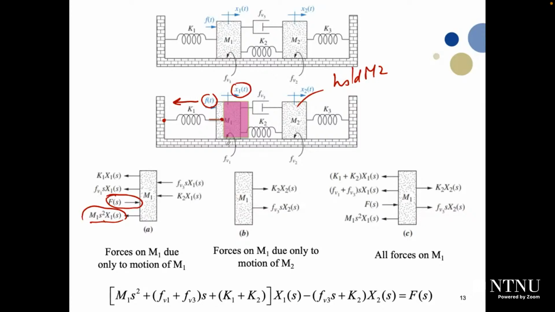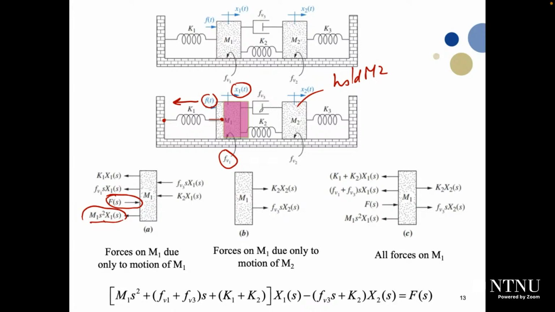At the same time, we also have this damper. It also will generate a force which will reject this movement, proportional to the speed. So it will generate a force in the opposite direction, FV1 multiplied by s x1 of s. So this is very good. What else will happen? Yes, we have also here damper FV3 and a spring called K2.